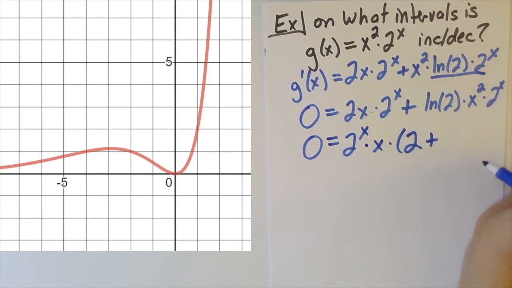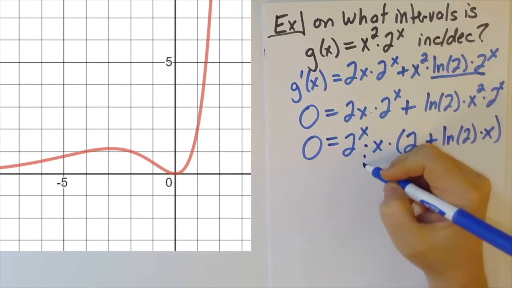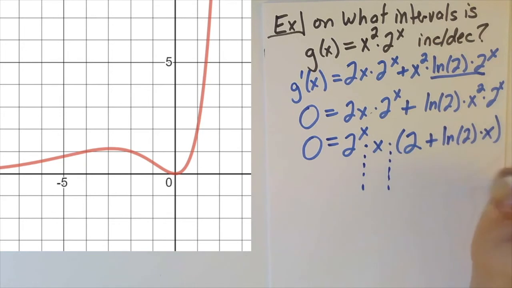Plus, and in the second term, I'm left with a natural log of 2 and an x. Okay, so since I have this product of these three things being equal to 0, that means that it's only possible when one of these pieces is 0.